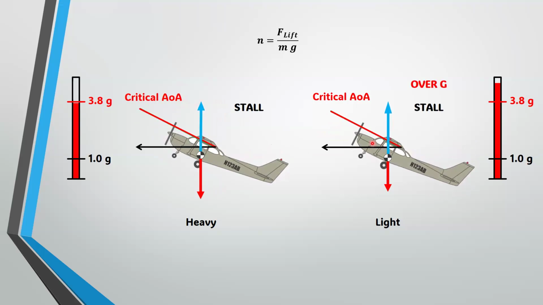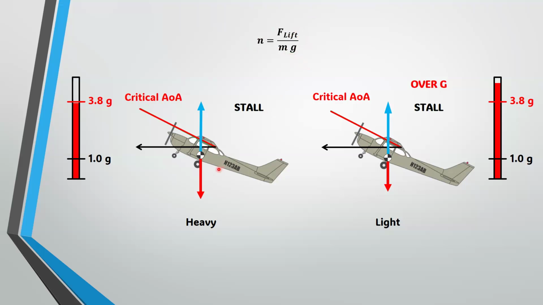Another way to look at it is that the load factor is equal to the force of lift divided by the weight. And again, if two airplanes fly at the same airspeed, and they have the same angle of attack, the maximum angle of attack that provides the maximum lift, then the lift force for both airplanes would be the same.